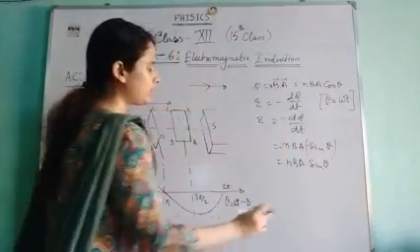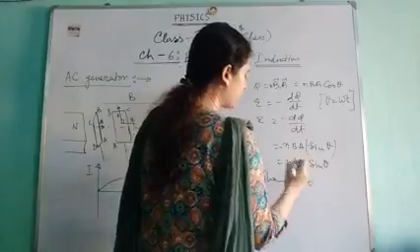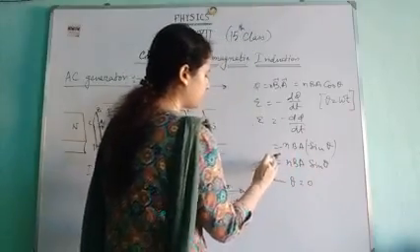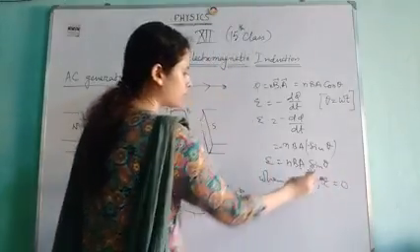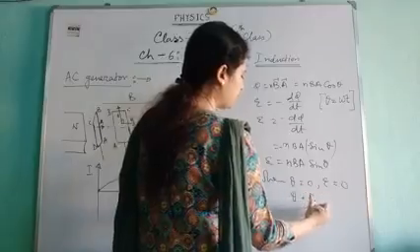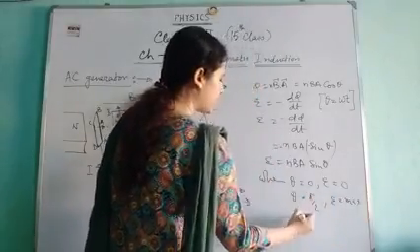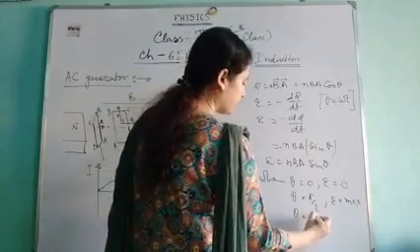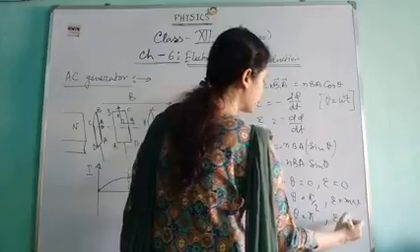So now when theta equals 0, then the value of E equals 0 because sin 0 is 0. When theta equals pi by 2, E equals max. When theta equals pi, E equals 0.